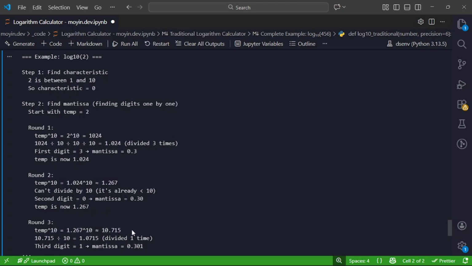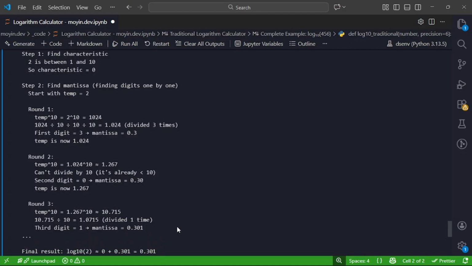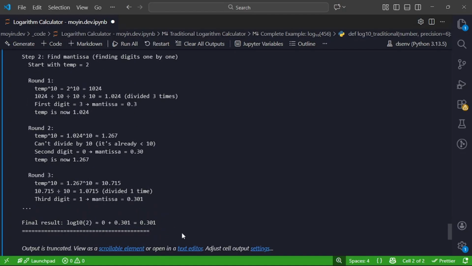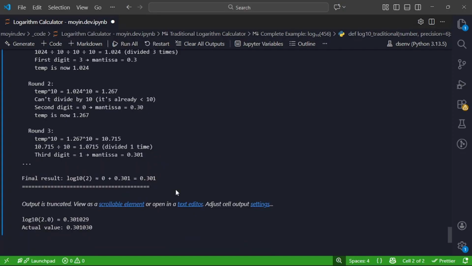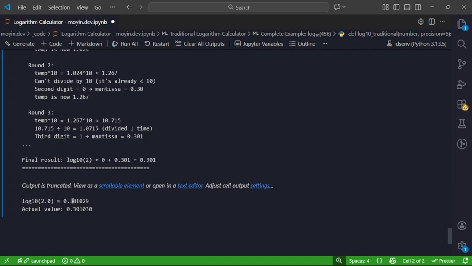Yes, you divide that, it's only possible once, which means the third digit in the Mantissa is 1. And that's how we get 0.301. The final result, log base 10 of 2, is 0 plus 0.301, the integer plus the Mantissa. And what do we get? 0.301. So when we did it extensively, this is what we got. This is the actual value.